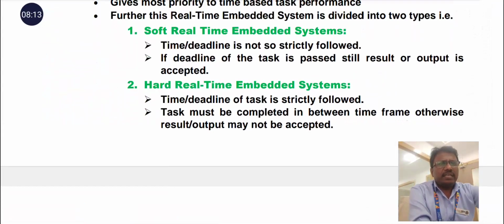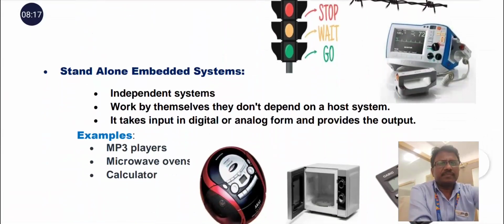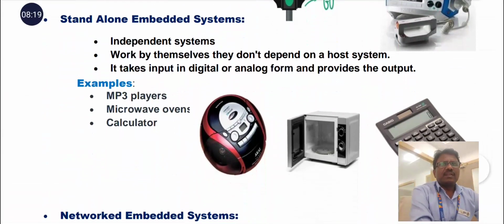So next is standalone embedded system. What happens if a calculator is not connected to the internet? Can it still perform calculations? Yes, it works independently. Such systems are called standalone embedded systems.